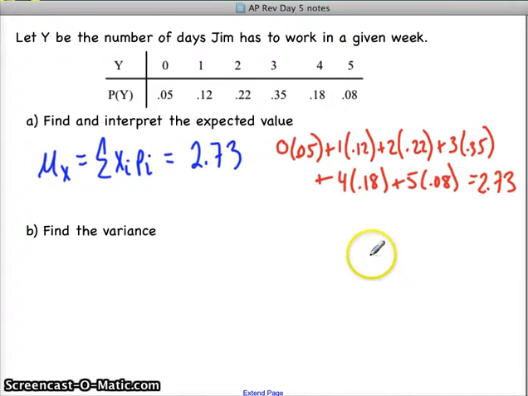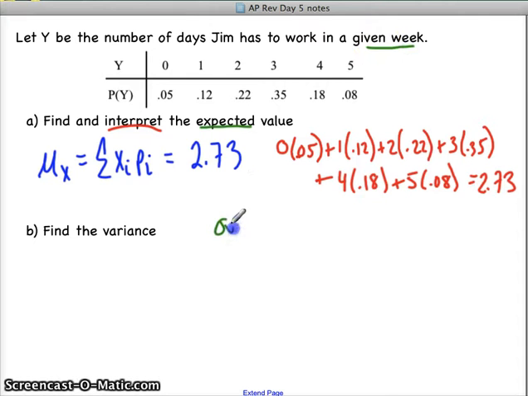Now, if we had to interpret, okay, let's interpret this. So this is what we would expect to get in the long run. So make sure that you kind of indicate over the long run. And this is a given week.